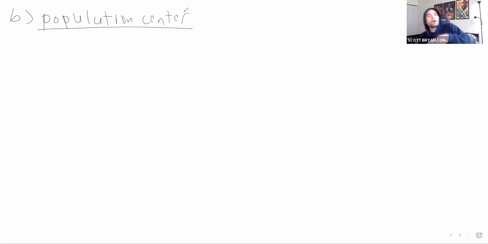So the population center, which functions like the center of mass, essentially. So we find it the same way we find the center of mass.